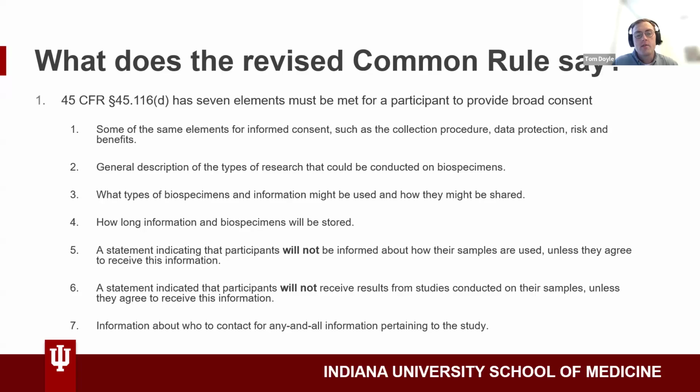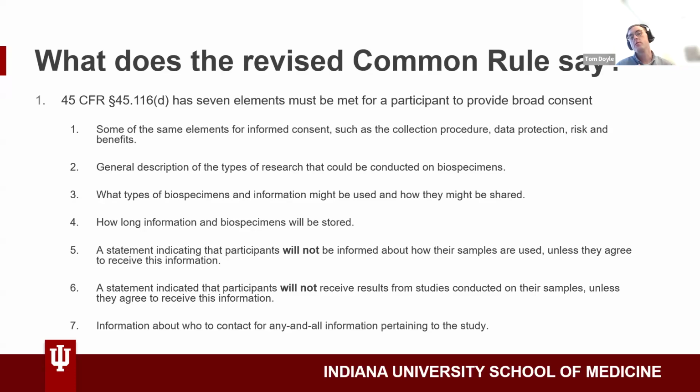The second thing that you need to do is provide a general description of the types of research that could be conducted on biospecimens. So if you're doing cancer research, you have to specify that your biospecimen will be used for cancer research. Or if you know a particular disease, you might be able to say that. You would have to include what types of biospecimens and information might be used and how they might be shared.